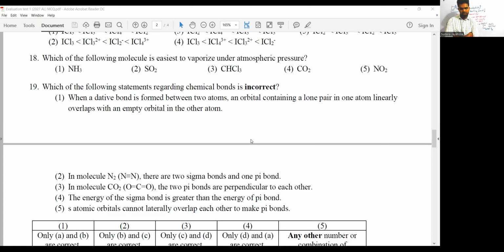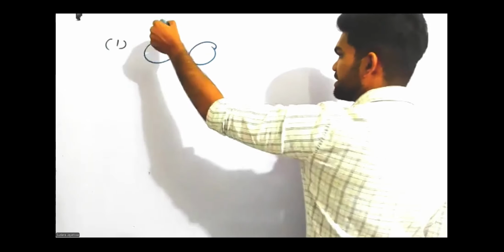Yeah, so it's not wrong actually. What is happening in a dative bond is there is a donor with 2 electrons, we say it has a lone pair, and there is an empty orbital, we call it an acceptor. Donor and acceptor is there.